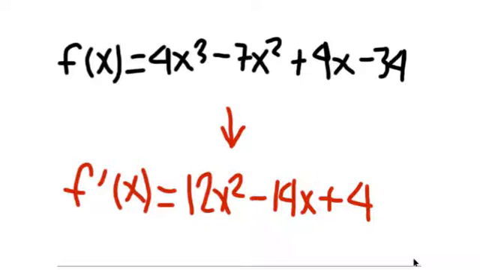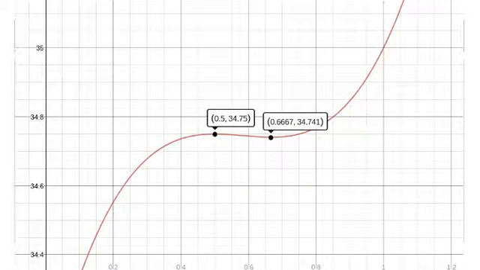So this is what we get if we put all of our separate terms together: f prime of x equals 12x squared minus 14x plus 4. So that's our derivative.